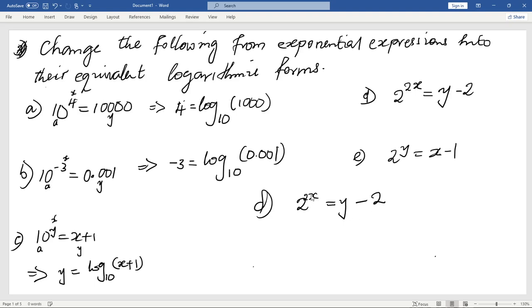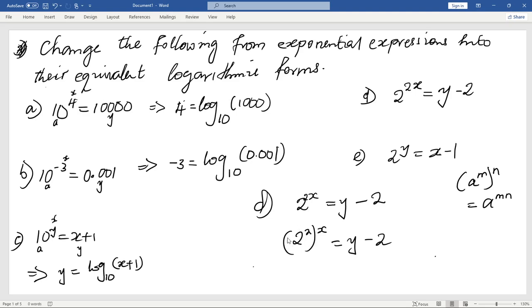So when you look at this, this can be written as, remember, if you have, let's say, a to the power m, and you have n outside here, this is simply equal to a to the power mn. Meaning that this can be written as 2 to the power 2 to the power x outside here. We call this the power of a power rule, equal to y minus 2, like this.